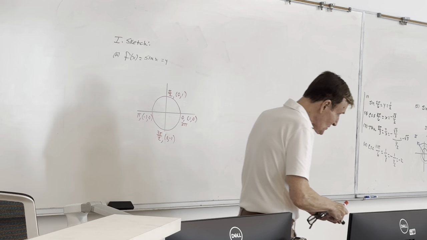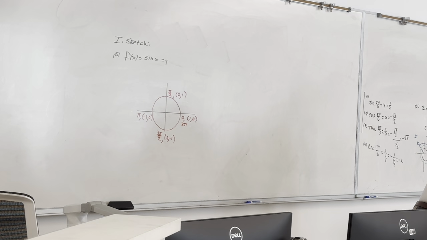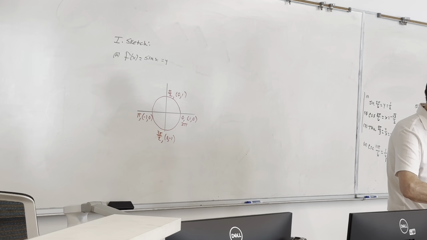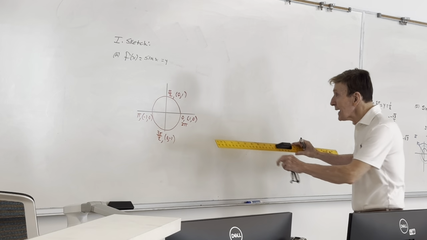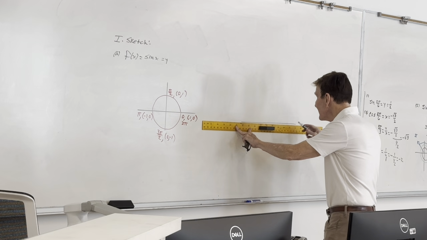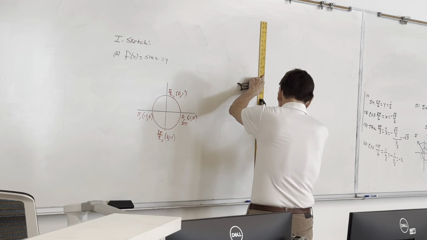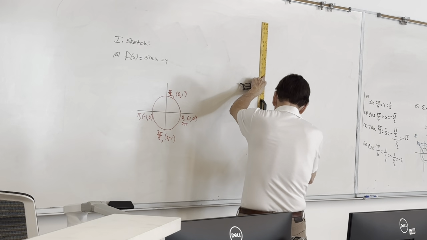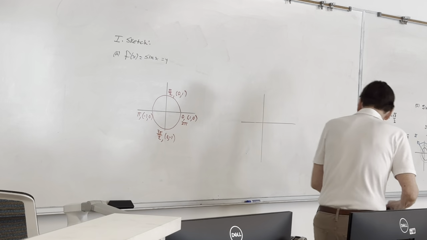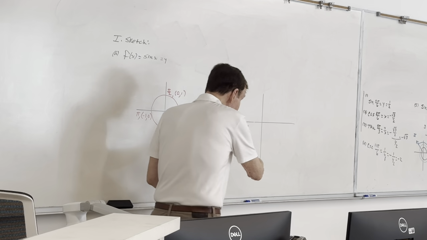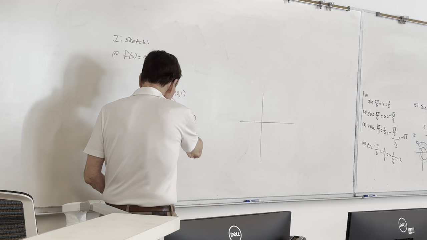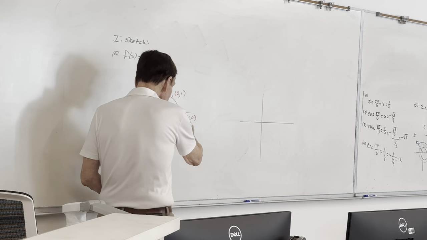Now what I'd like to do is unwrap that unit circle. When I say unwrap it, I mean take it to a grid and see what's going to happen. First, I'm going to choose my angles: 0, pi over 2, pi, 3 pi over 2, 2 pi.